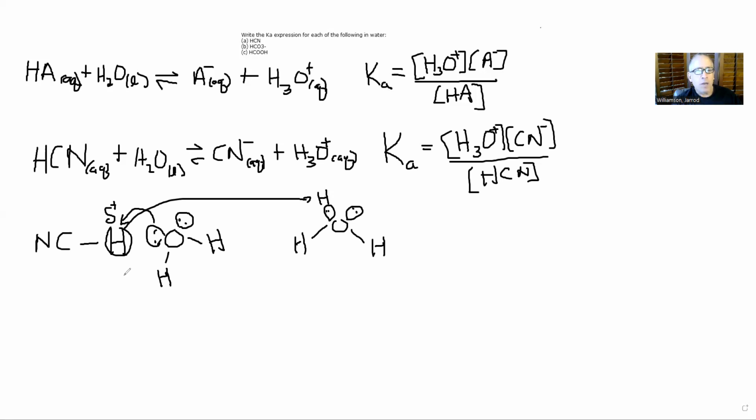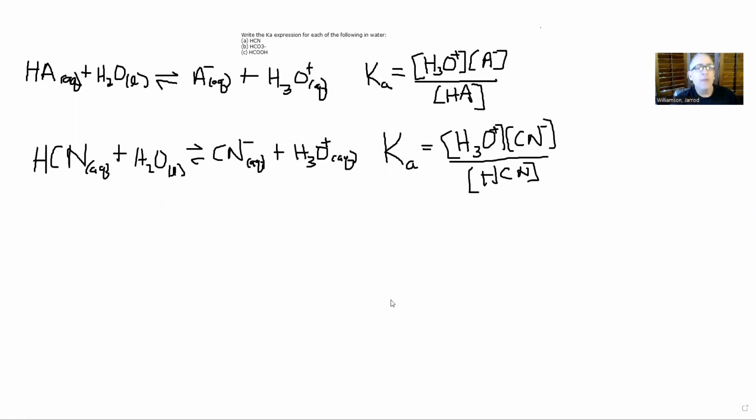Okay, that's what's going on. You want to know that the lone pair of electrons, even though oxygen doesn't have a negative charge on it, is negatively charged. The molecule doesn't have a net negative charge, but that region is negatively charged, and it'll be attracted to that slightly positive hydrogen there. You're going to want to know that for organic chemistry, and I am not an organic chemist, so I don't want to go much further than that.